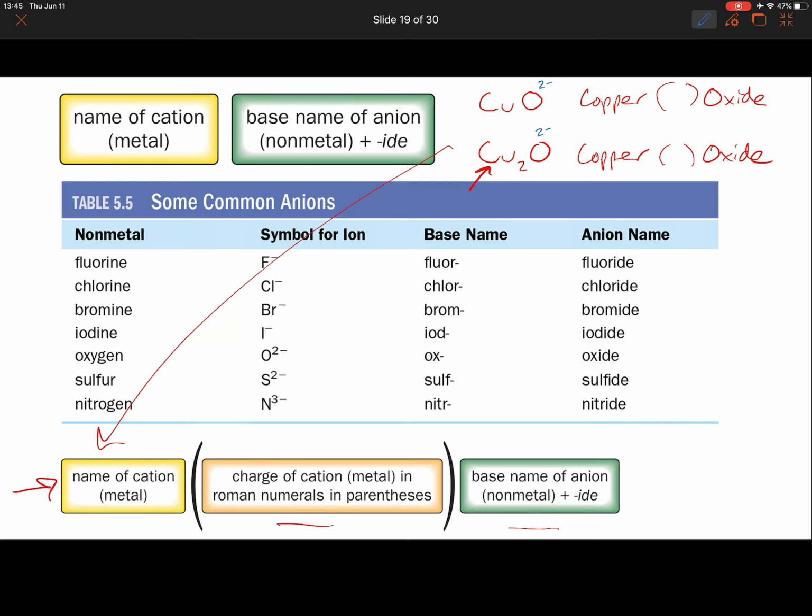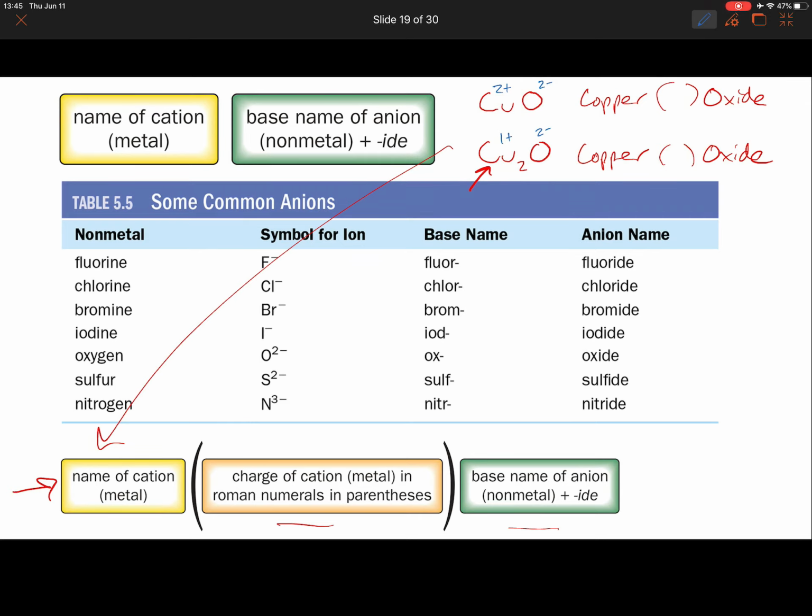Well, in the top case, the copper has to be 2 plus to cancel out a 2 minus. But in the bottom case, there are 2 coppers. If both of those coppers were 2 plus, that would be 4 plus, which wouldn't balance the oxygen. So these coppers have to be 1 plus, and because there are 2 of them, that's why it is canceled out.